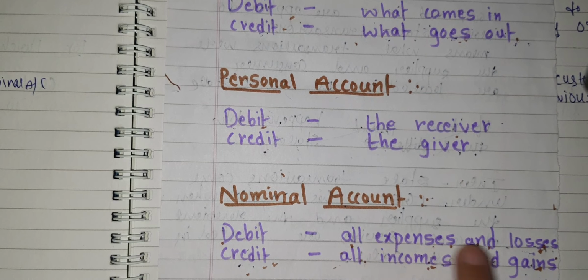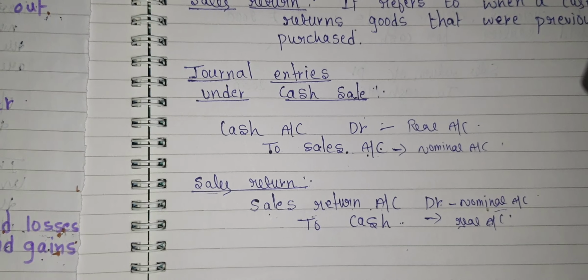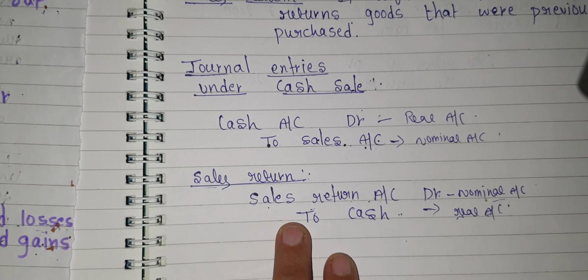So cash account falls under real account, debit what comes in, and to sales account. Sales account is credited because it is an income, and the rule of nominal account is credit all incomes and gains.